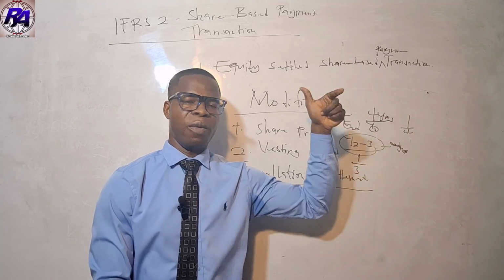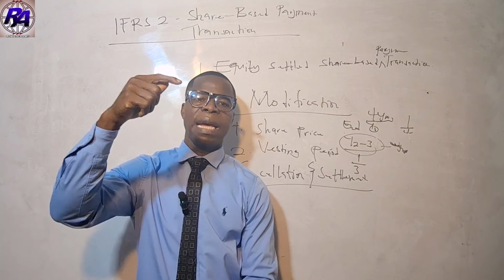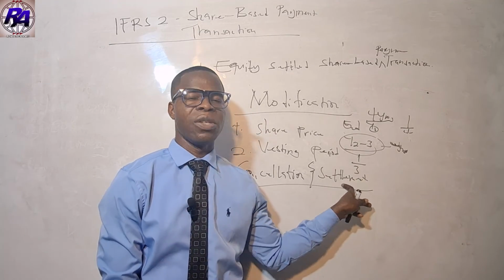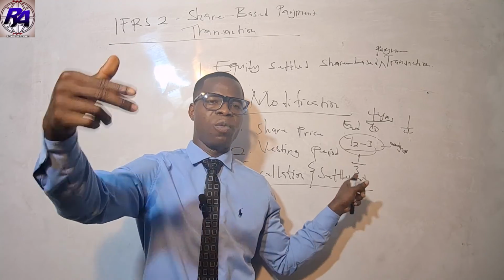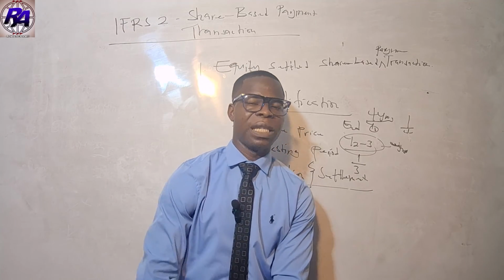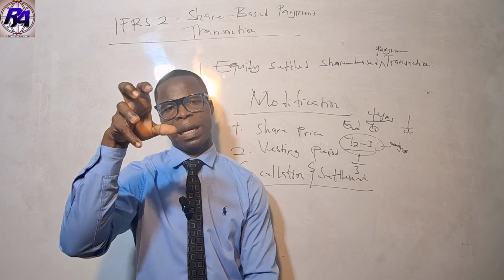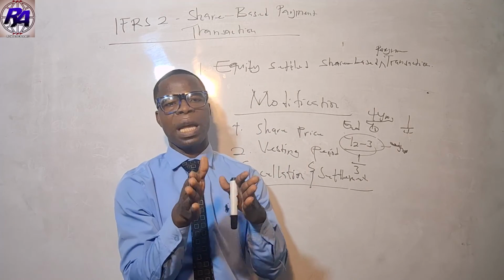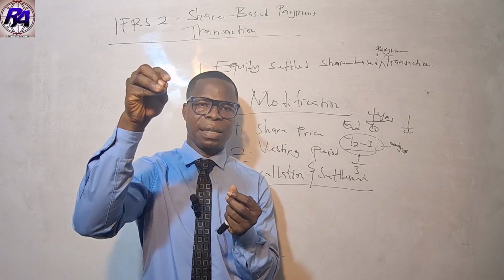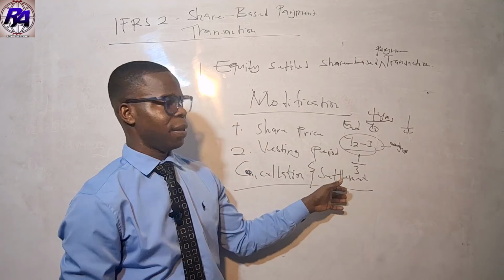So the equity instrument must be reduced. In the situation where the entity is paying more, where the settlement is more than what equity instrument has been recorded, then the excess will be treated in the profit or loss account as an expense. So this has to do with settlement. If we are settling, it must be equivalent to the equity instrument recognized. But if there is any excess, the excess will be treated as an expense.